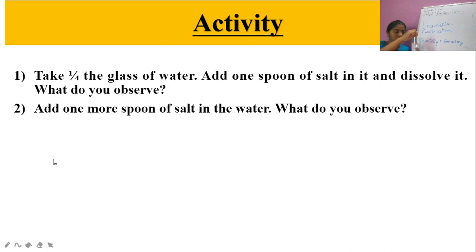But if you do not heat it, it will not dissolve under normal conditions. But whenever you heat it, it is going to dissolve. So this is one of the important points to be noted.